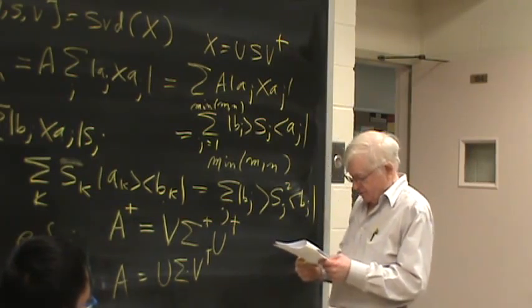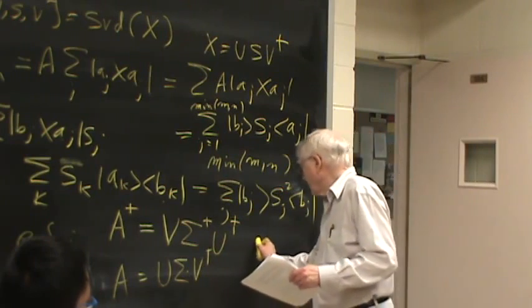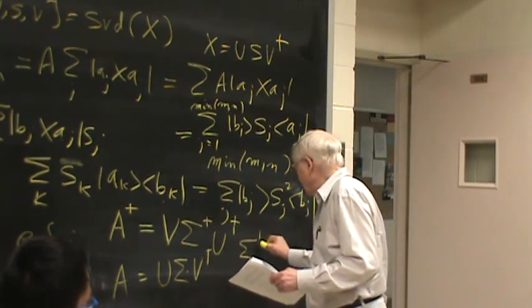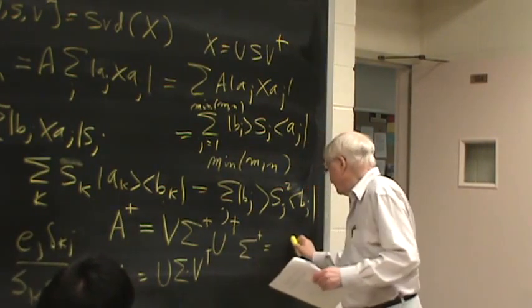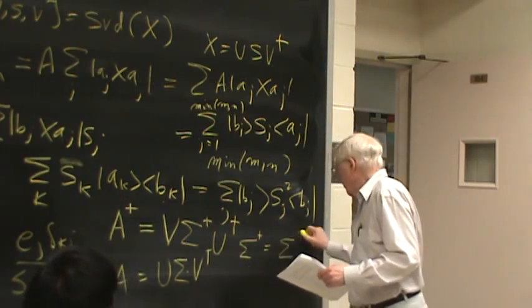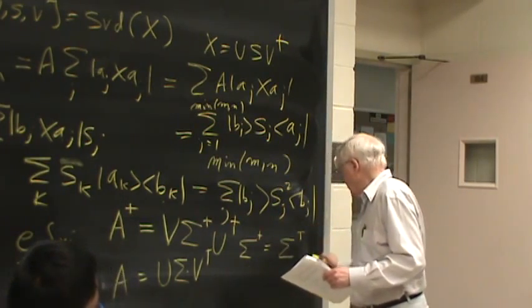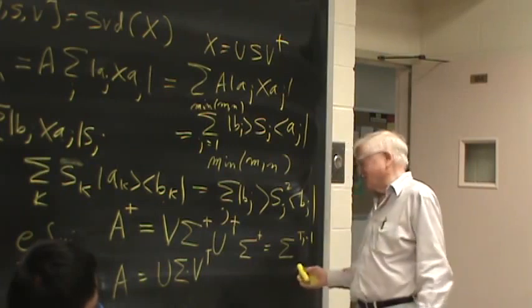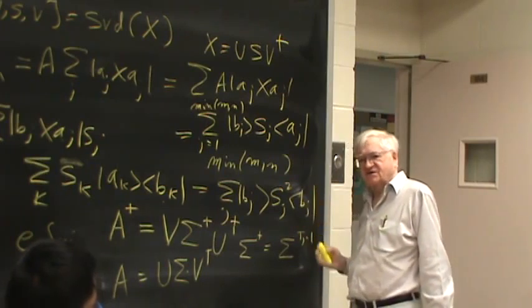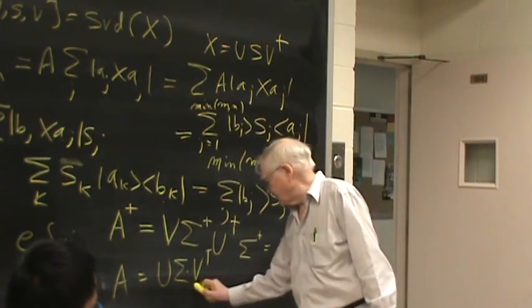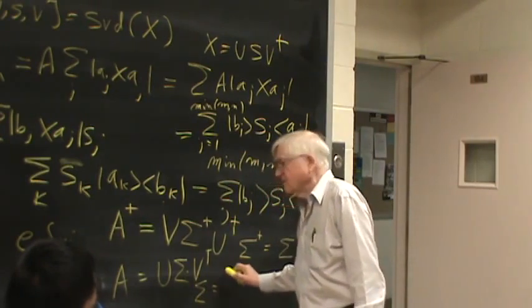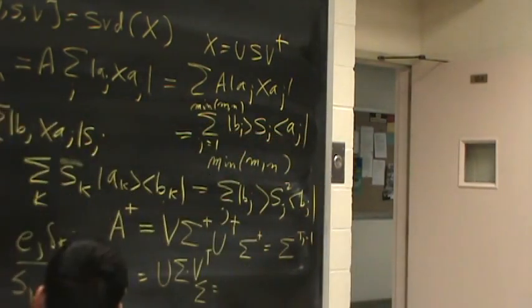So sigma plus is effectively sigma transpose, but inverse in the sense that you invert the non-zero elements. So suppose sigma is, in fact, let's go over here where we have some sigmas.